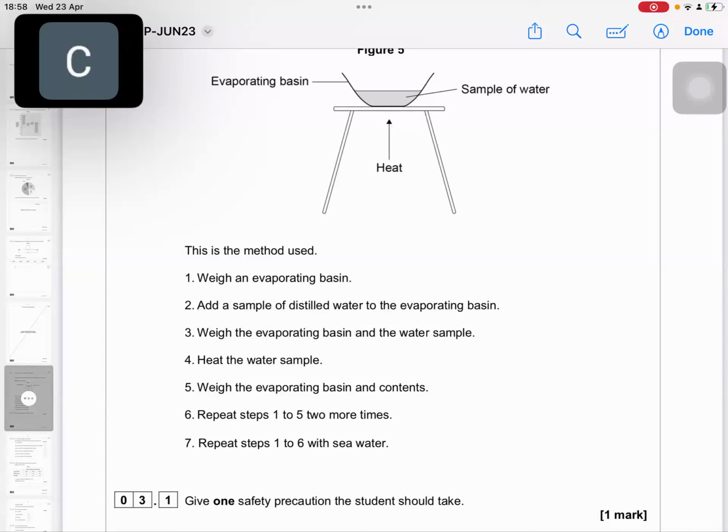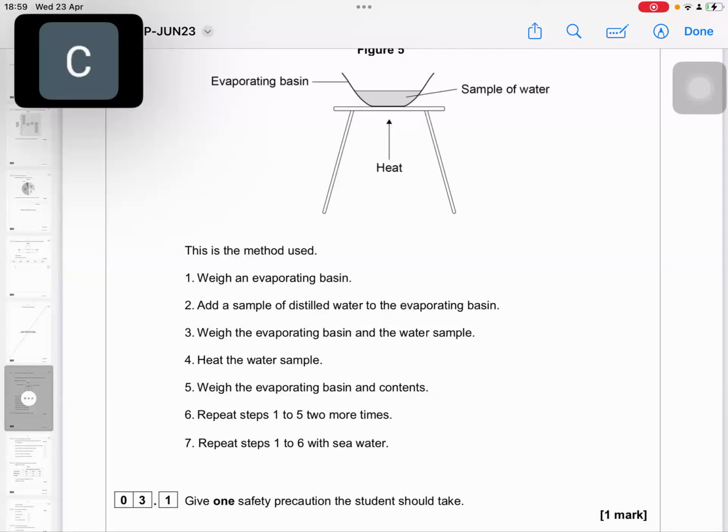Okay, any other one we might have overlooked that the marking scheme mentioned? It says wear safety glasses, goggles, and tie hair back. Oh, okay.